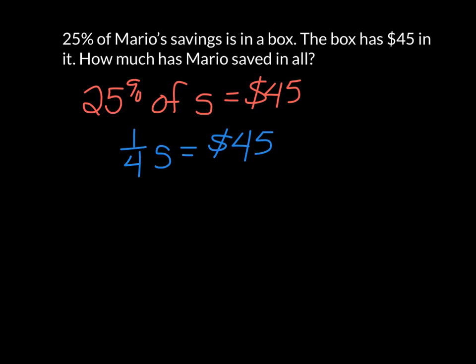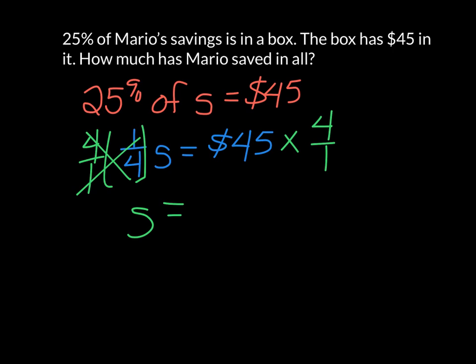Remember, when we see the word of, that means multiply. So now I need to get this S all by itself, so I'm going to multiply it by 4/1. And that gives S all by itself because these cancel out. And then I do 45 times 4/1. So S equals $180. So the total amount that Mario has saved would be $180.